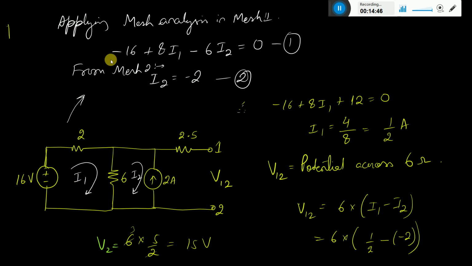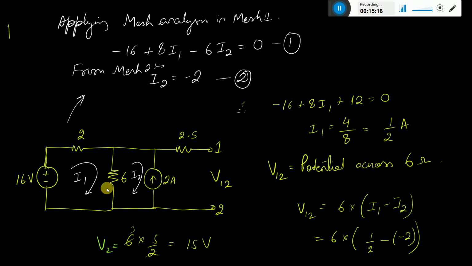If you apply mesh analysis over here, it is minus 16 plus 8I1 minus 6I2 equals 0, and from mesh 2 we can easily write it is minus 2, because our assumed direction is clockwise and the current in mesh 2 is upward. So we get this value, and solving it we can easily get the value of I1 equal to 1 by 2. And if I1 is 1 by 2, what is I1?